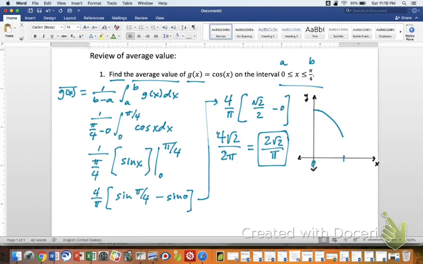Essentially, we're saying that with all the y values along this stretch of graph, we want to find the average of all of those.